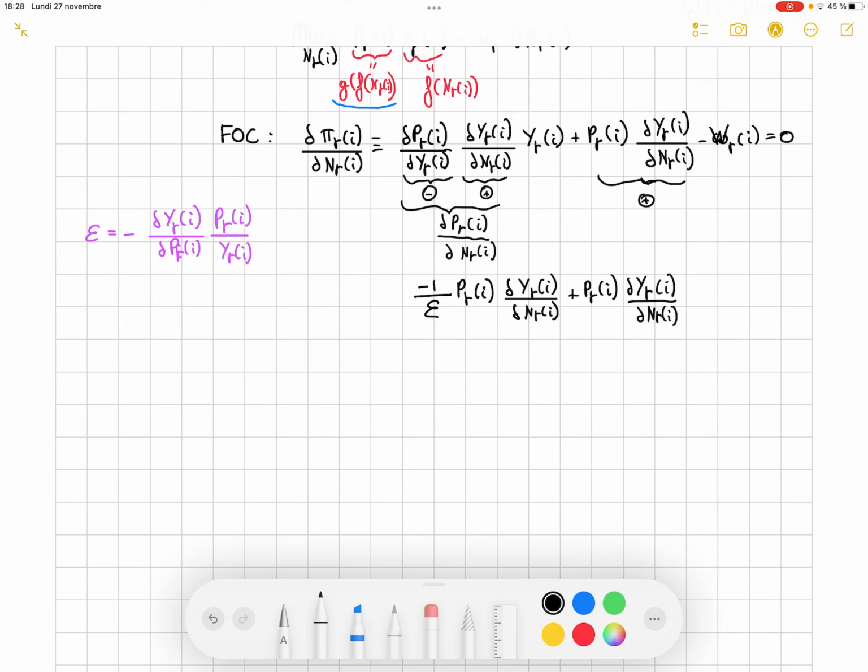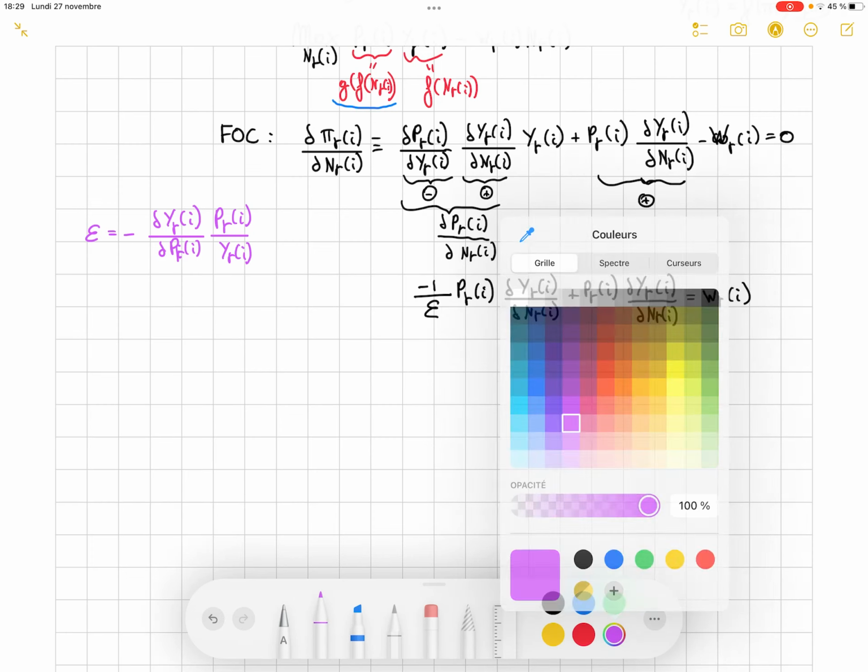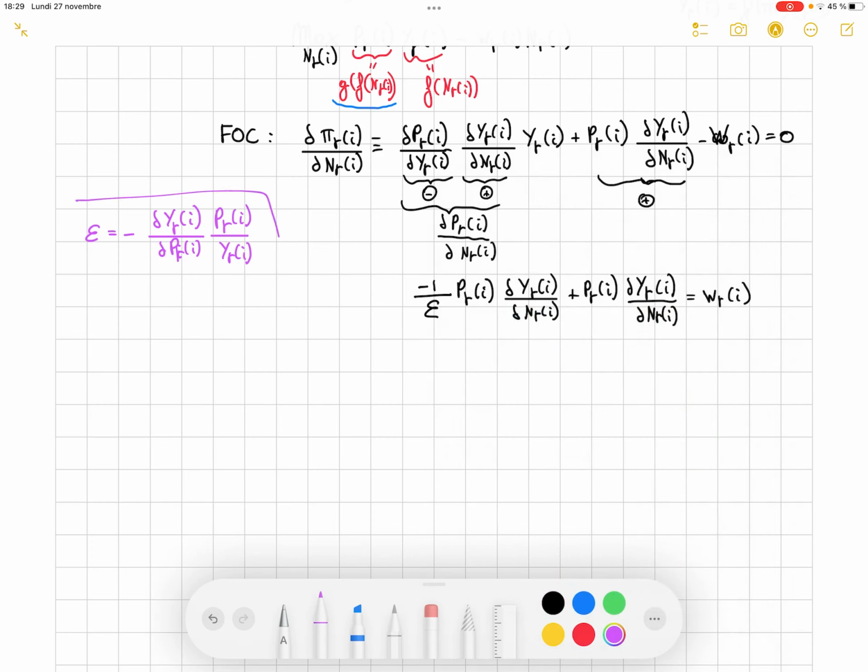So basically the marginal productivity of the labor must be equal to the cost of labor. So that's what we get. We just obtain it by considering this formula and plugging it there. Okay, that's basically just what we did.